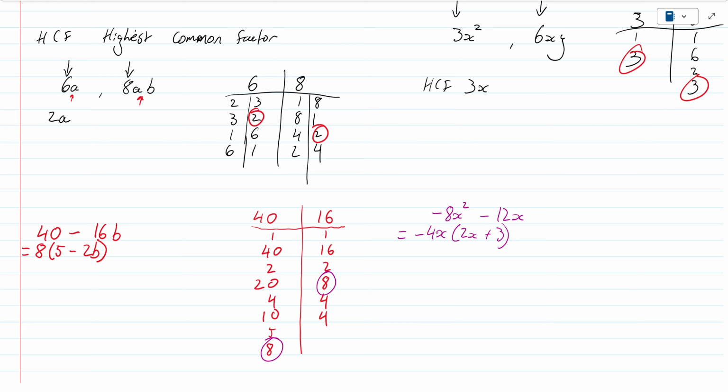If we multiply it by 2, we get 4 to equal 8, and if we multiply the x by x, we get x squared. On this side, we have to have negative 12x. To keep it negative, because we've already got a negative 4, it needs to be a positive number. How do we get 4 to equal 12? Multiply it by 3. And we don't need an x because we already have an x in our common term out the front.